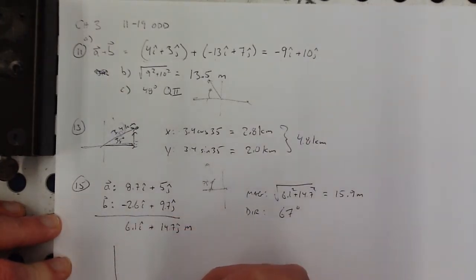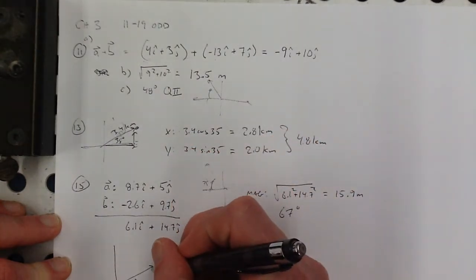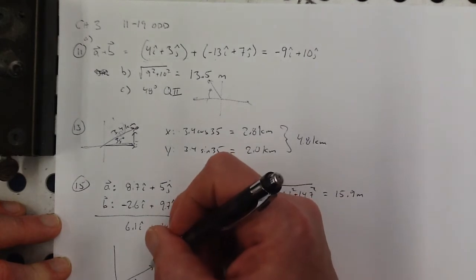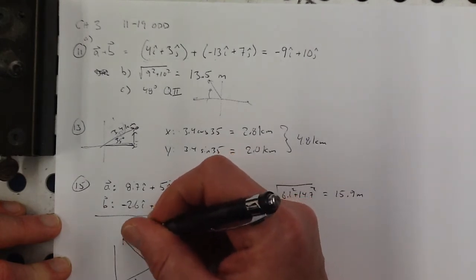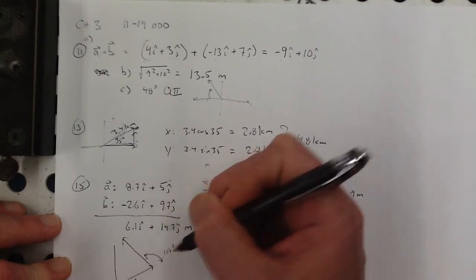Let's see. So the first one here, theta 1, this is 30 degrees. So these are good. But then the other one, it's like a turn of 105 degrees from here. So this is 105 degrees.